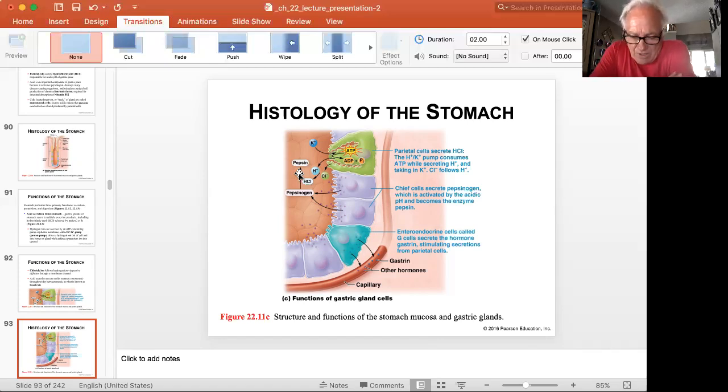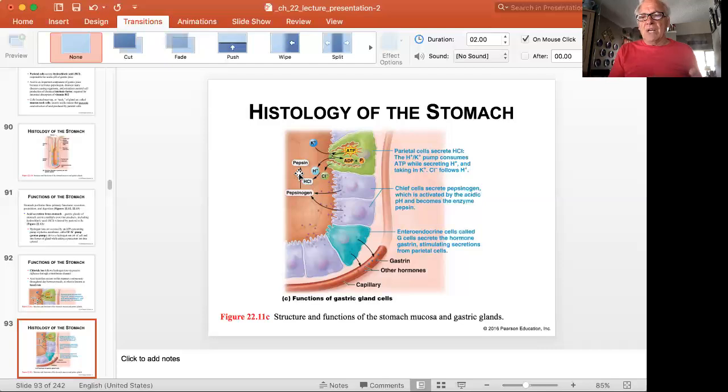Now let's take a look at this again. A stimulus occurs, we'll talk about that in a second. It causes the enteroendocrine cells to release gastrin into the bloodstream of the submucosa. The gastrin activates the sodium potassium pump in the parietal cells, and it causes the cells to release hydrogen into the lumen of the gastric gland.